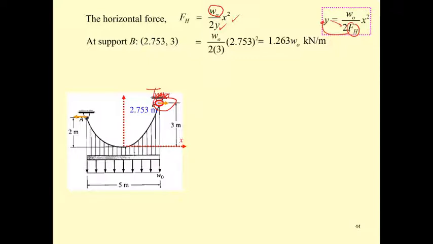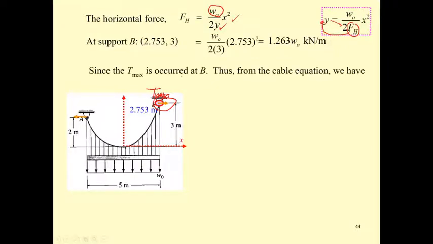So we're going to go further. The T max occurs at B. That's the cable equation that we have. We have the slope of this, so theta max occurs when x is 2.753.